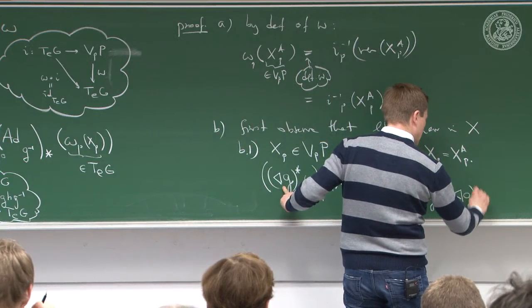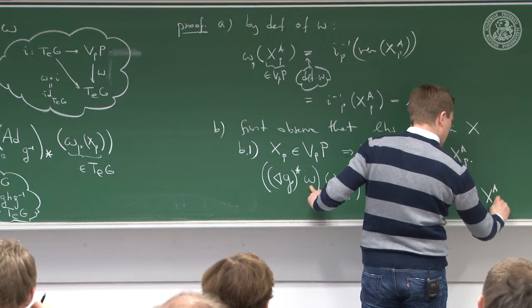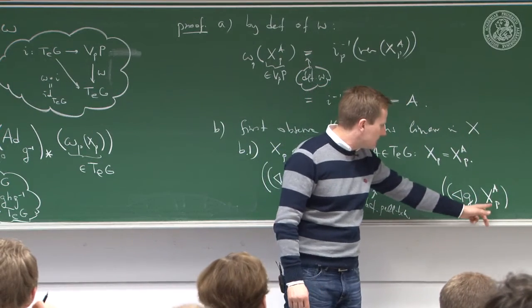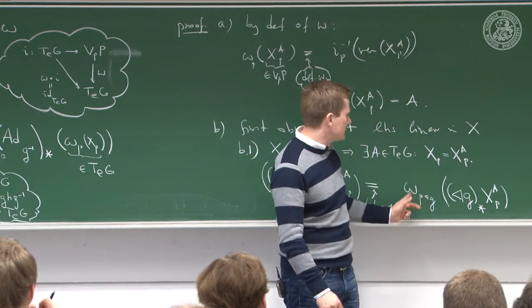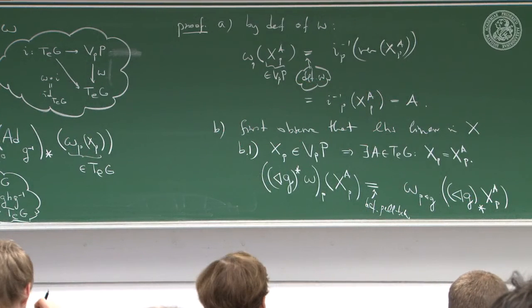So this is G down push forward of this vector XA at the point p. Of course, the push forward will take us to a point p acted upon from the right by G, which is exactly on which this guy here can act.